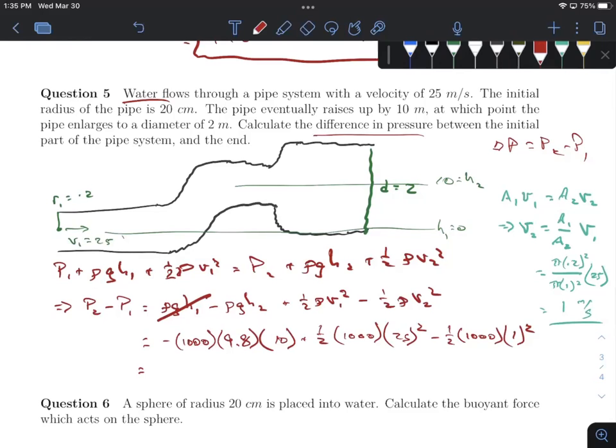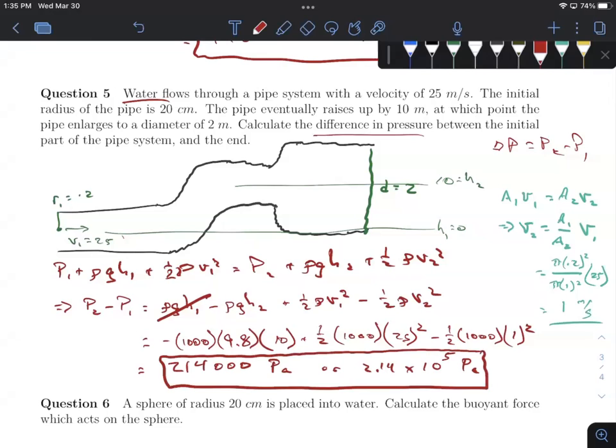I plug all this stuff in my calculator. I have 1/2 times 1,000 times 25 squared, minus 1/2 times 1,000 times 1 squared, minus 1,000 times 9.8 times 10. And I get the difference in pressure is 214,000 pascals, or 2.14 times 10 to the 5. And there we go.